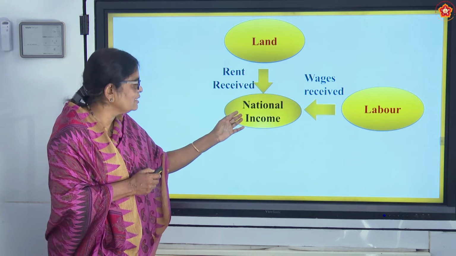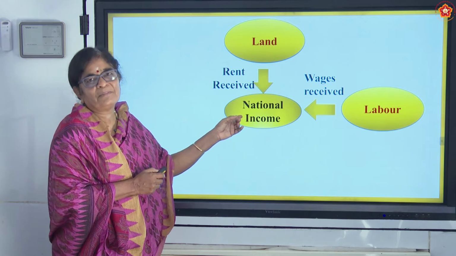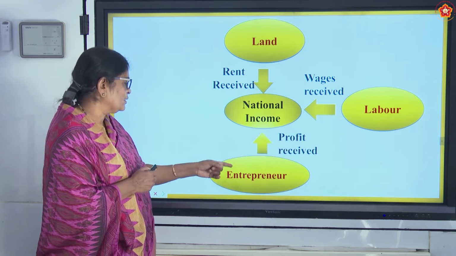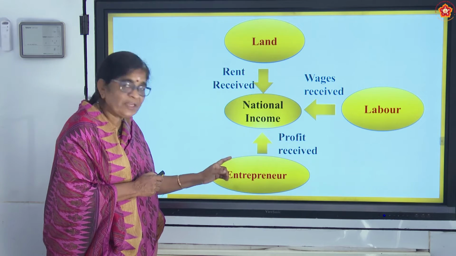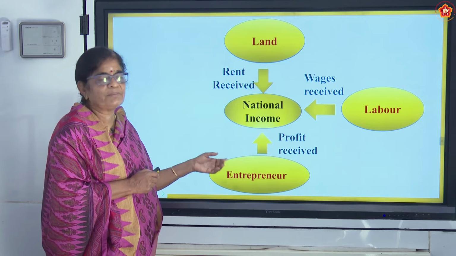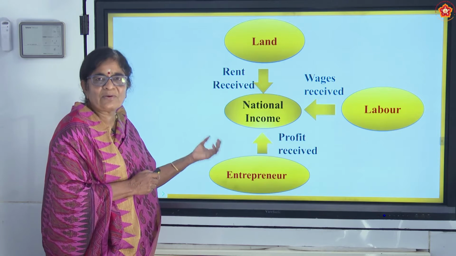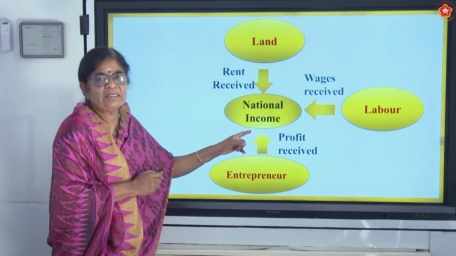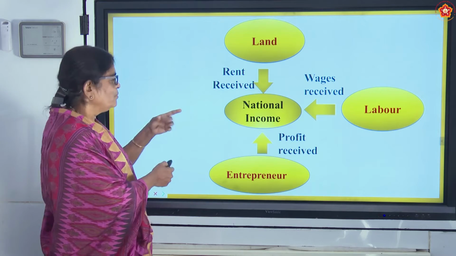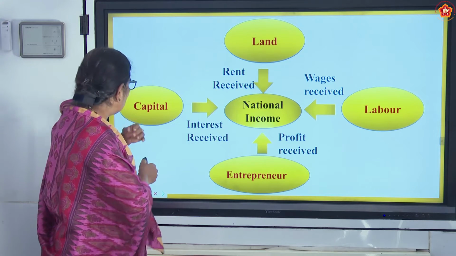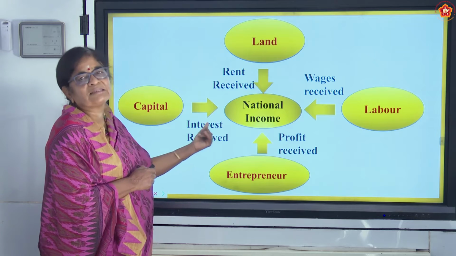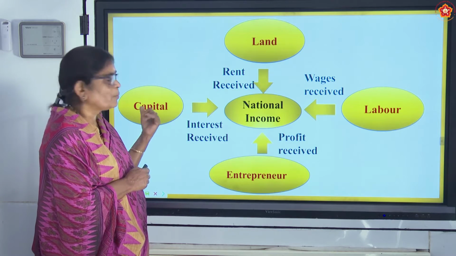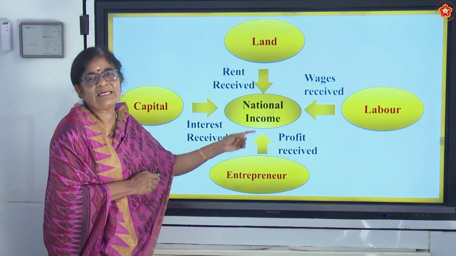Profit is received for the supply of entrepreneurship, the ownership, management and organizational setup of the firm. And interest is received by supplying capital as a factor of production.